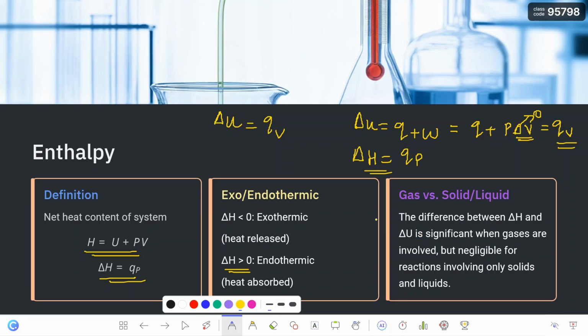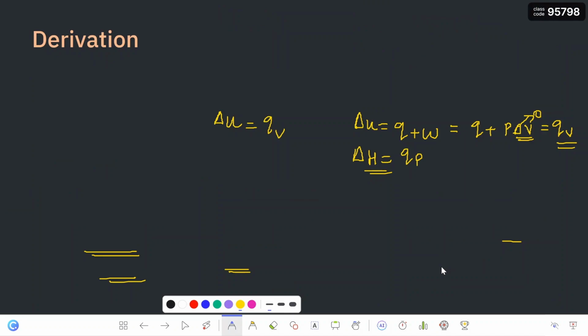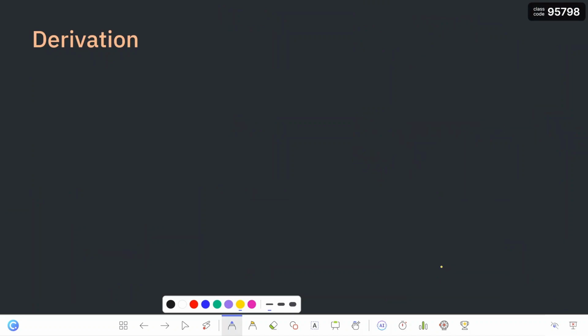It is negligible for solids and liquids. Usually it is important in the case of gases. So this is just an introduction of enthalpy. We'll see how these equations come.